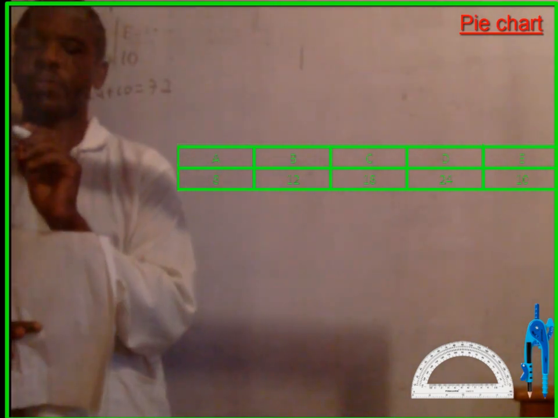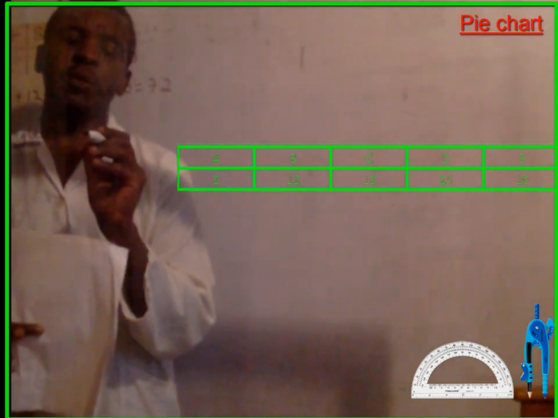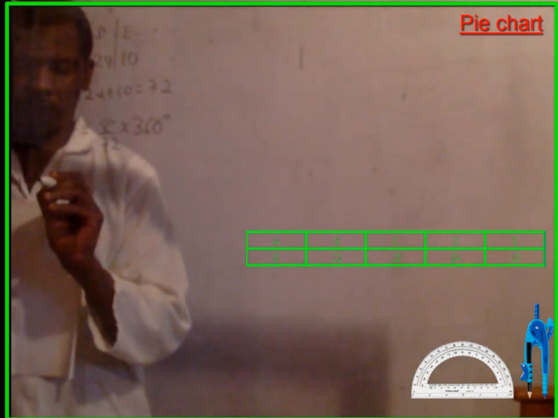What will be the angle of A? The angle of A will be equal to 8 over 72 times 360 degrees. The angle of B will be equal to 12 over 72 times 360 degrees.